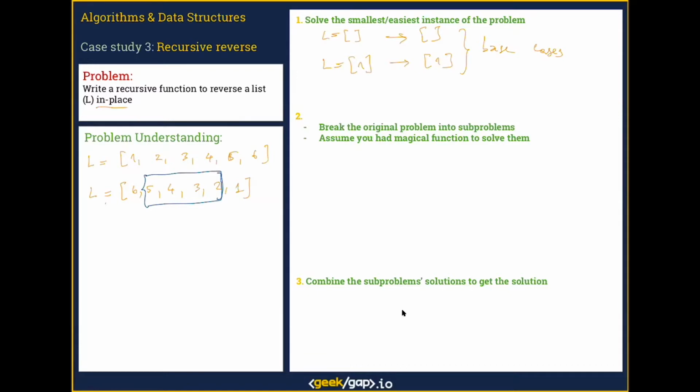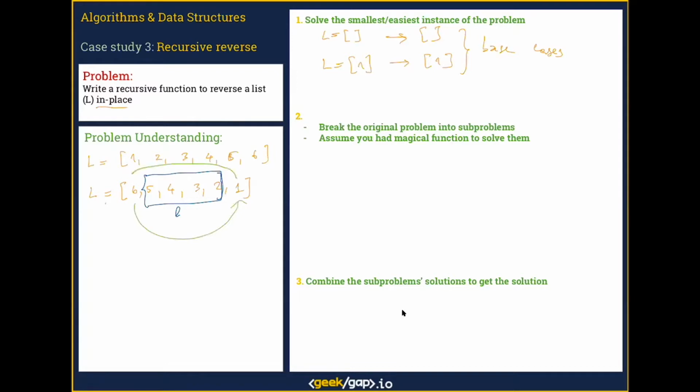Place 6. So if this smaller L was solved for us, all that is left is to swap these two guys, right?